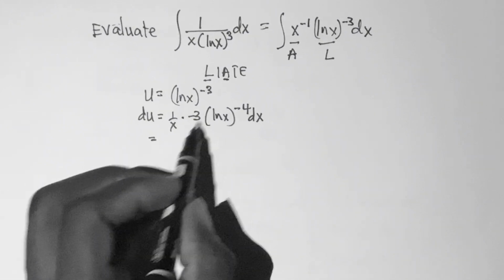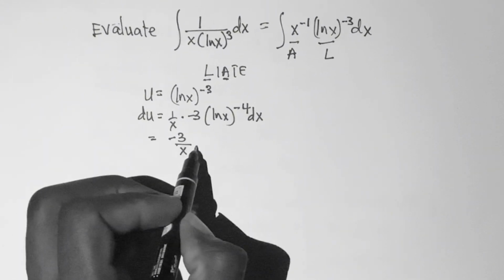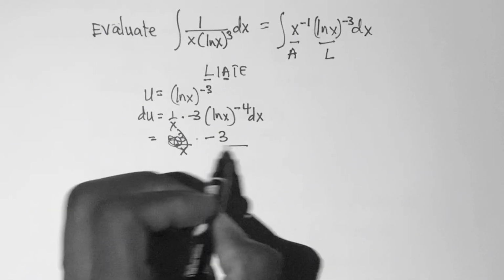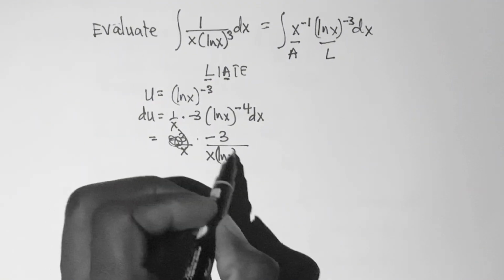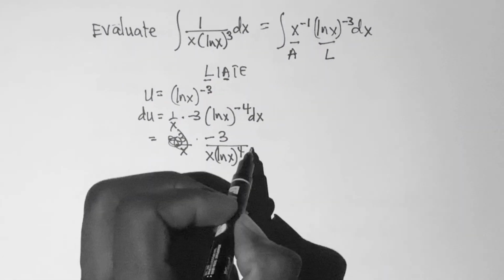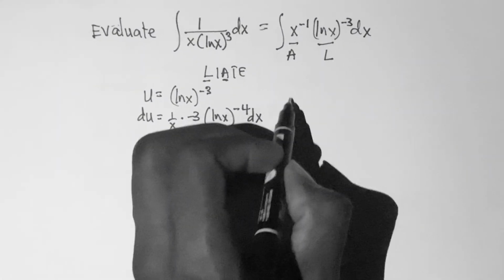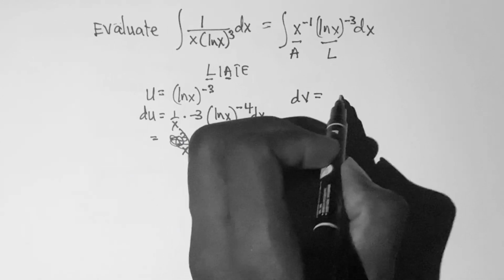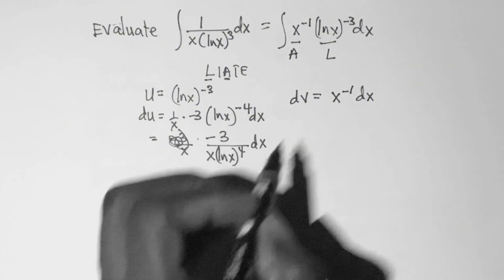So if we rewrite this way, this becomes minus 3 divided by x natural log of x all exponent 4 dx. So this is du. Now the dv is what is left. The dv is equal to x exponent minus 1 dx.